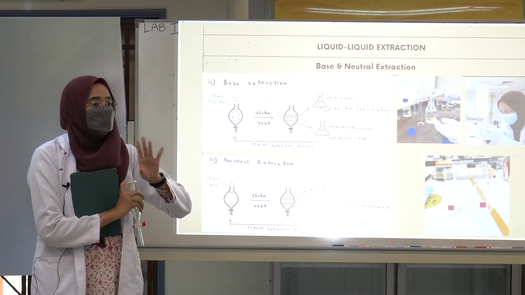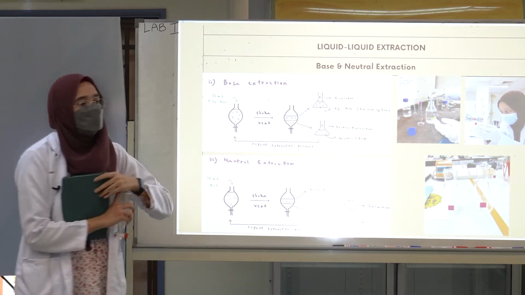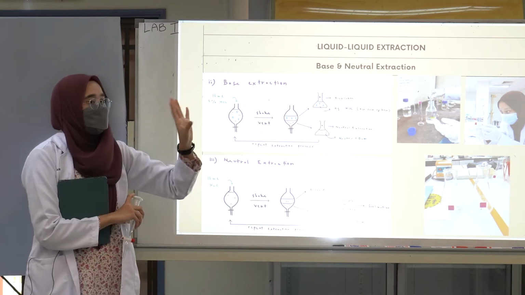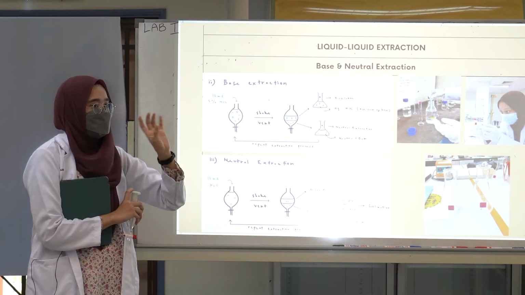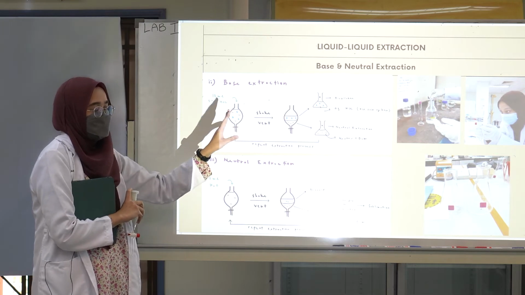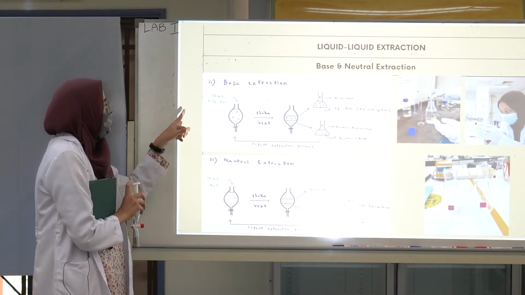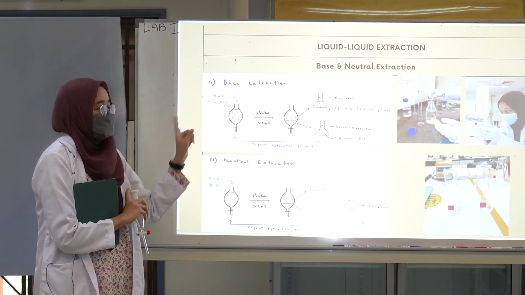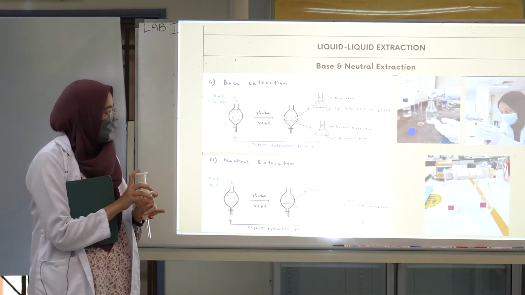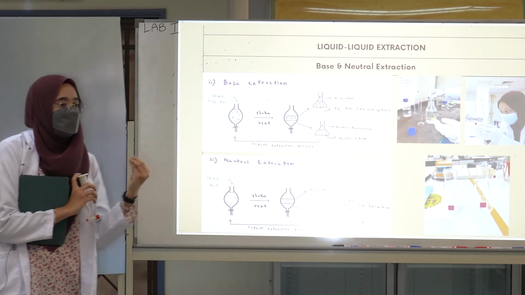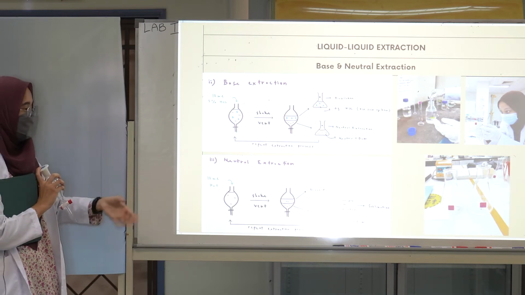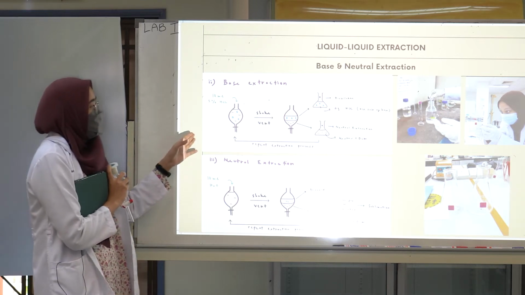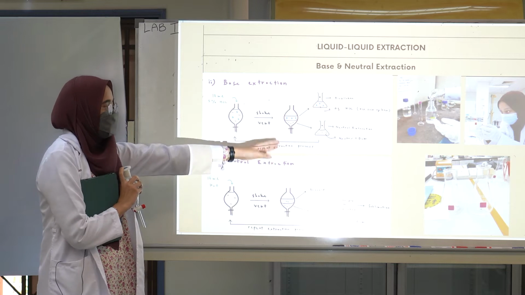We're going to do base extraction now. So how do we do that? Just now we added aqueous base; now we add aqueous acid into the separating funnel. We put 10 milliliter of 5% HCl inside and do the same procedure again: we shake and vent several times until layers form again.